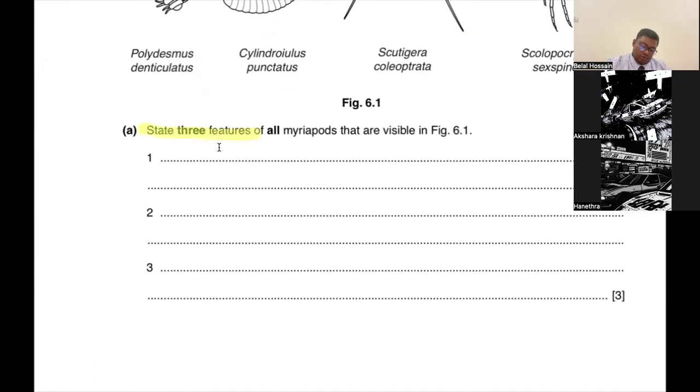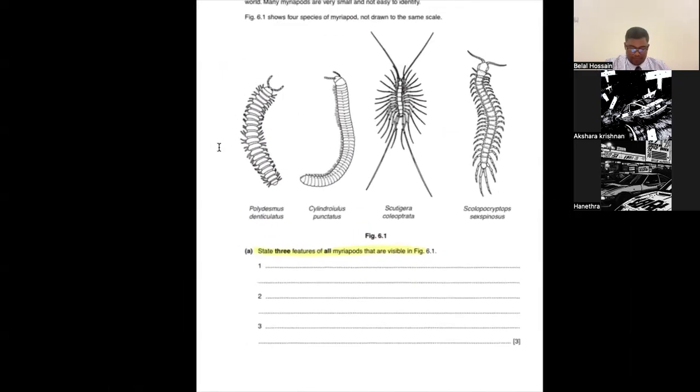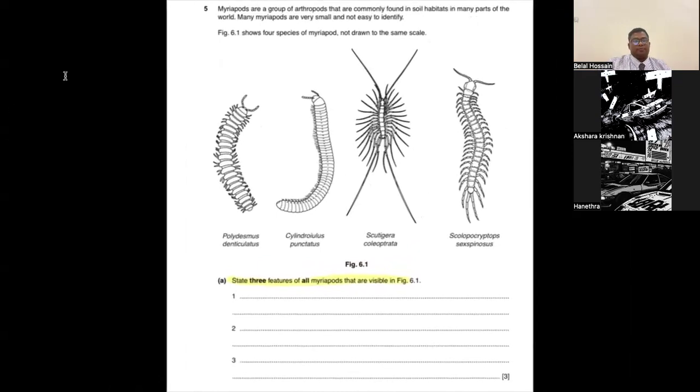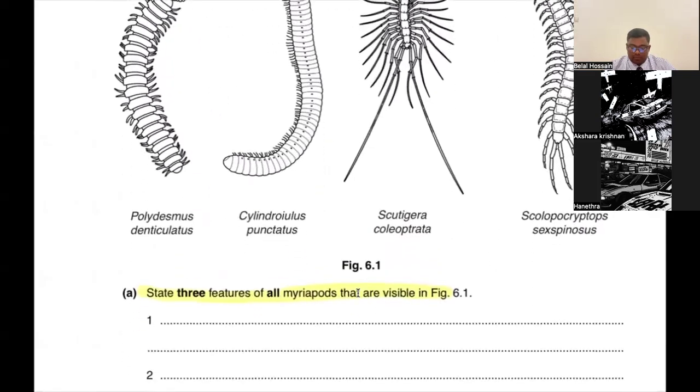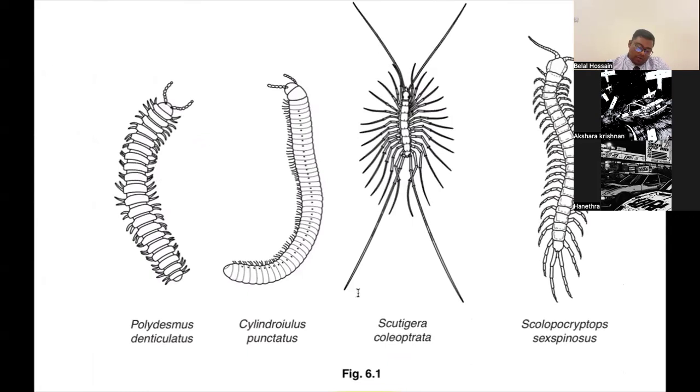State three features of all myriapods that are visible in this diagram. Myriapods. Akshara, try. Akshara, look, all of them have antennae.